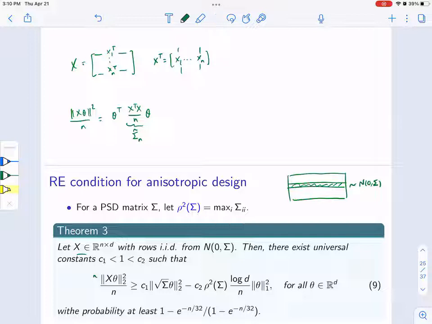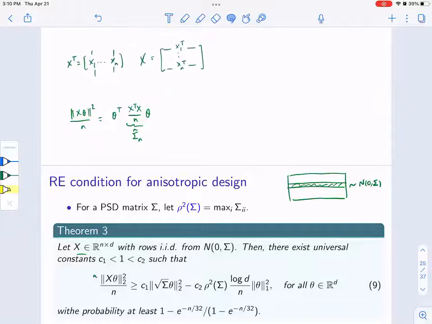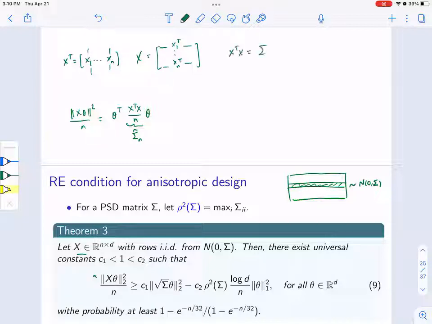If you multiply these two together, x transpose x would be the summation i from 1 to n of xi xi transpose, and this is really 1 over n times that. Each row is an IID draw.